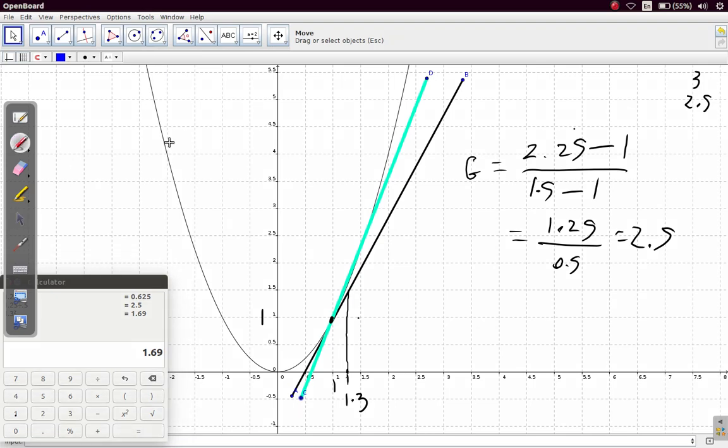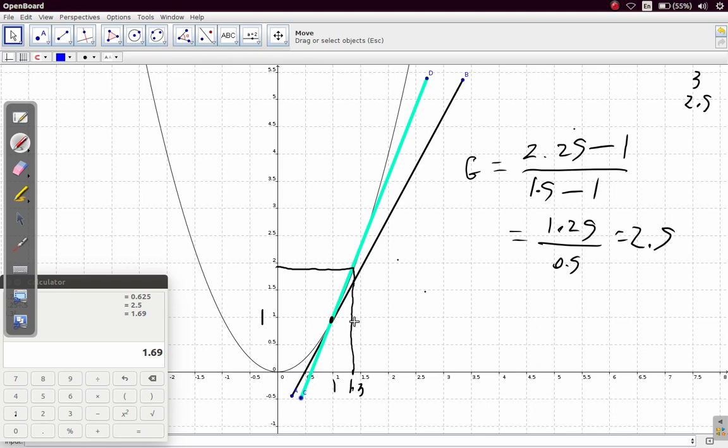So what we have is 1.3. Let me draw it a little closer. 1.3 is about here, up to the curve, and 1.69. So we locate x equal 1.3 here.